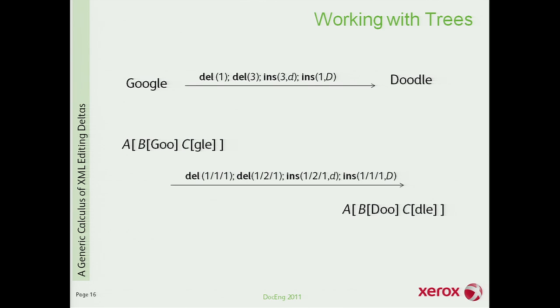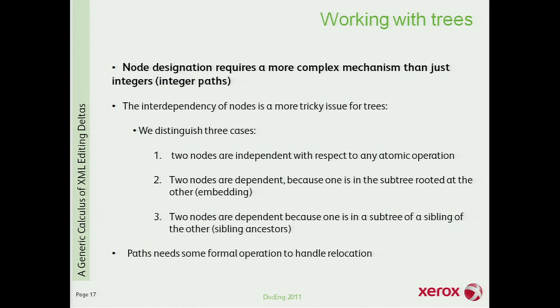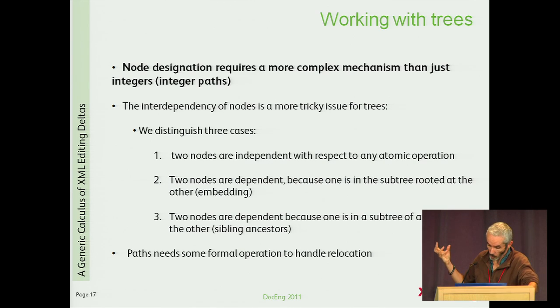Well, this transformation, in that case, will be rewritten this way using a structured path instead of simple integers, but with the same meaning, except that, as you will see, by doing so you add more information, and we can use that.